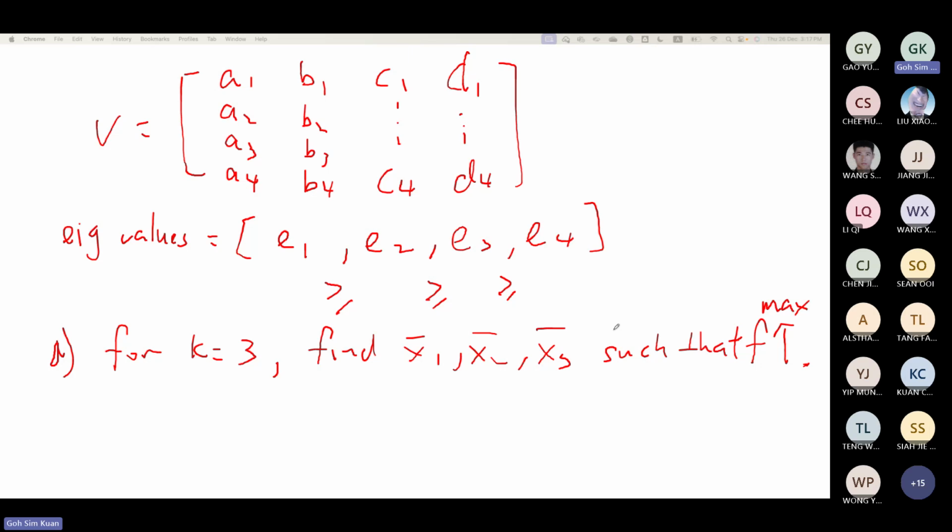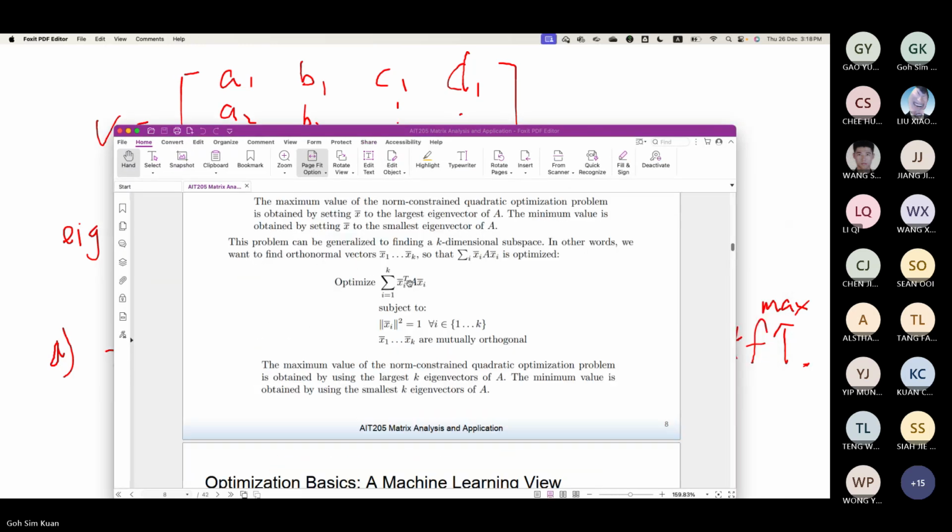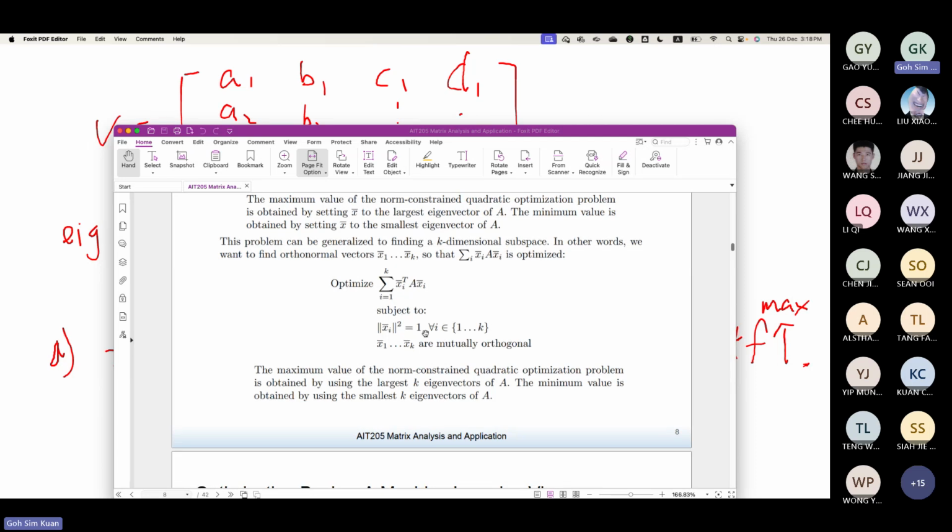This is actually from lecture 6. Let me bring out the lecture slide from lecture 6. If you go to slide number 8, the solution is actually provided in this final paragraph.